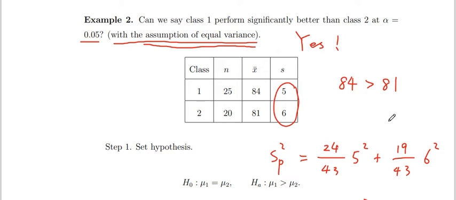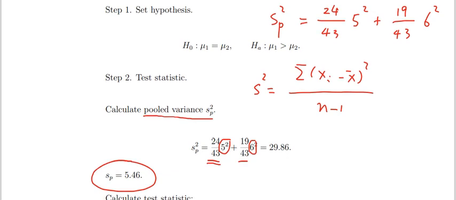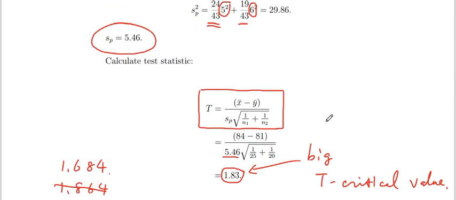Logically, we also should check this assumption, right? But this is another story, so here we do not discuss this. If we assume the variances are equal, the same variance, then we should use this formula for the test statistic.